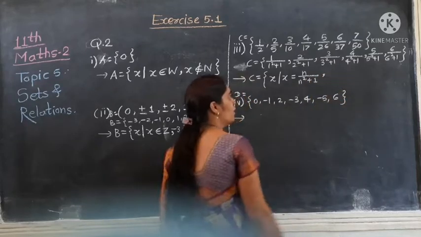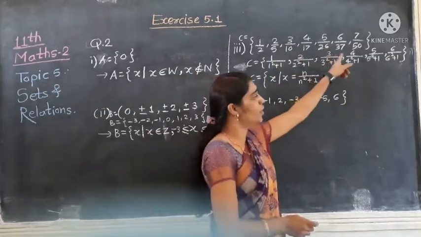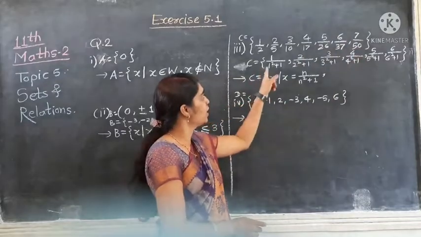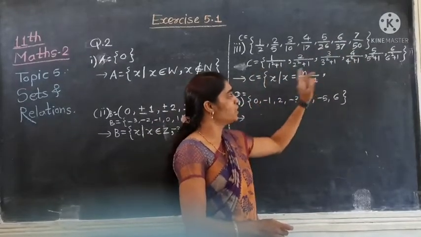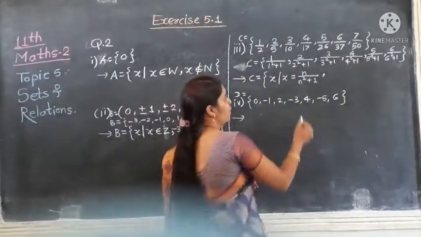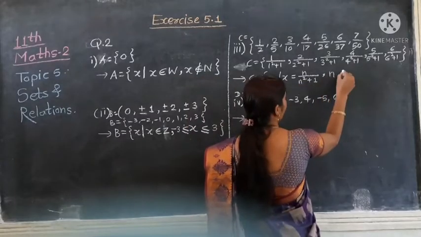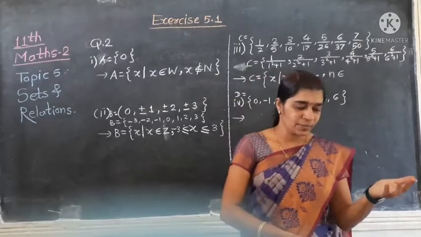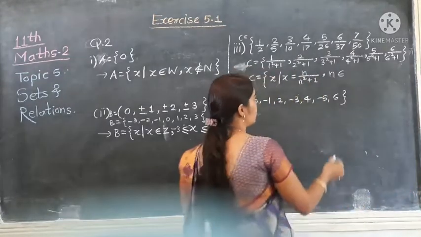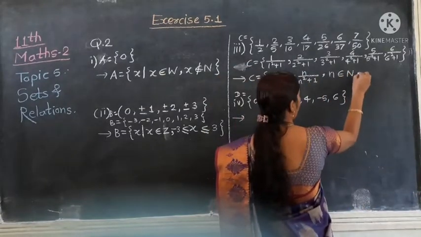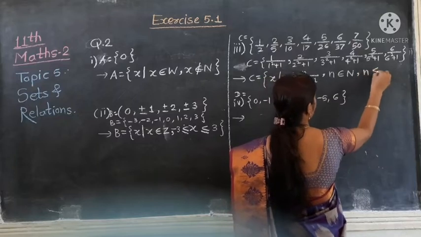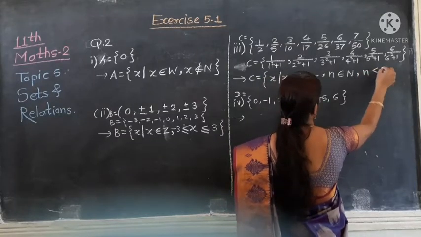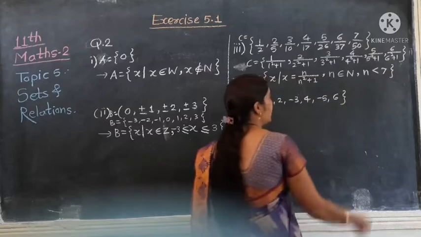Observe which number is changing here: 1, 2, 3, 4, 5, 6. 1 square, 2 square means n square plus 1, where n is a number belonging to the set of natural numbers. And what is the condition? n is less than 7.